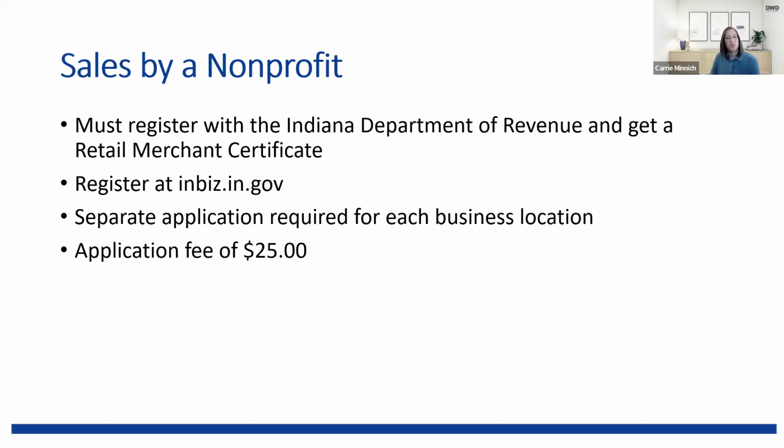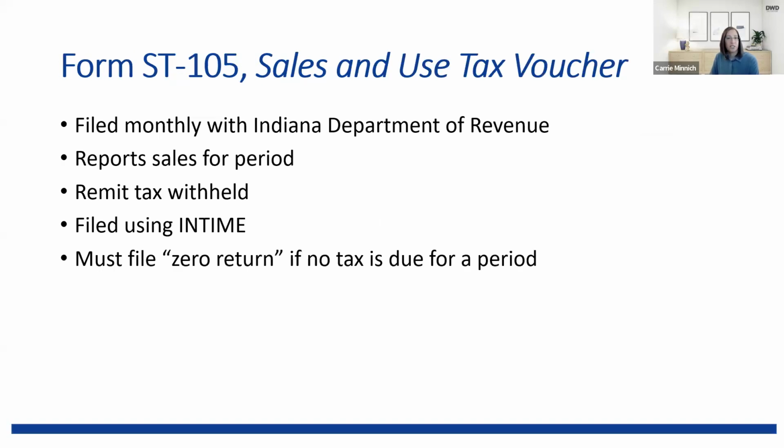And then once you have registered and start collecting sales tax, you have to file Form ST-105 to report your monthly sales and the amount that needs to be remitted each month. Once you have been set up and have an account, if you do not have sales for that month, you still need to file the return. It's just a zero return to make sure that they have everything proper for that period. So that is sales by nonprofits.